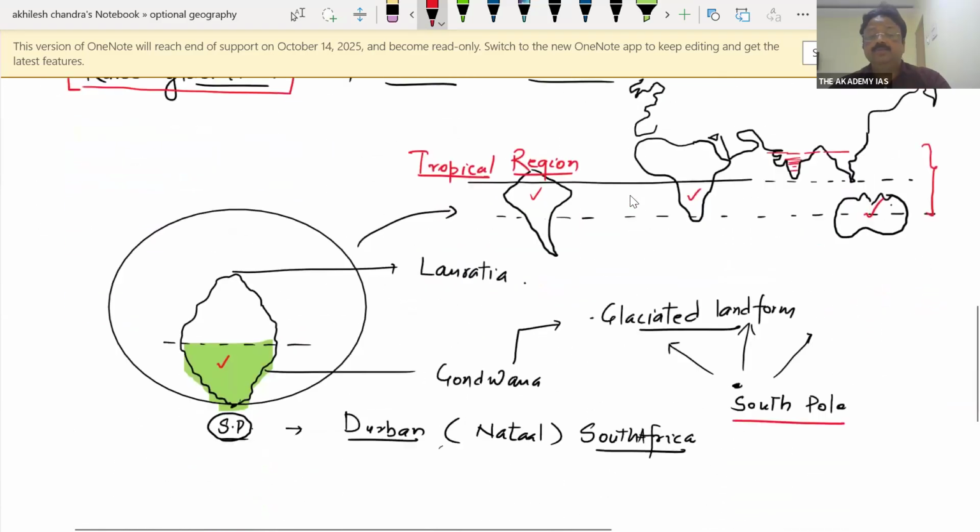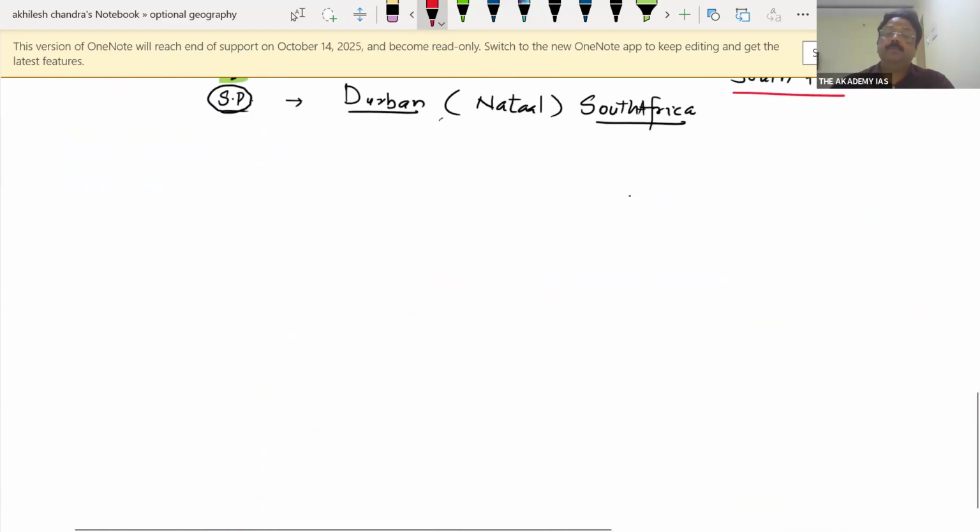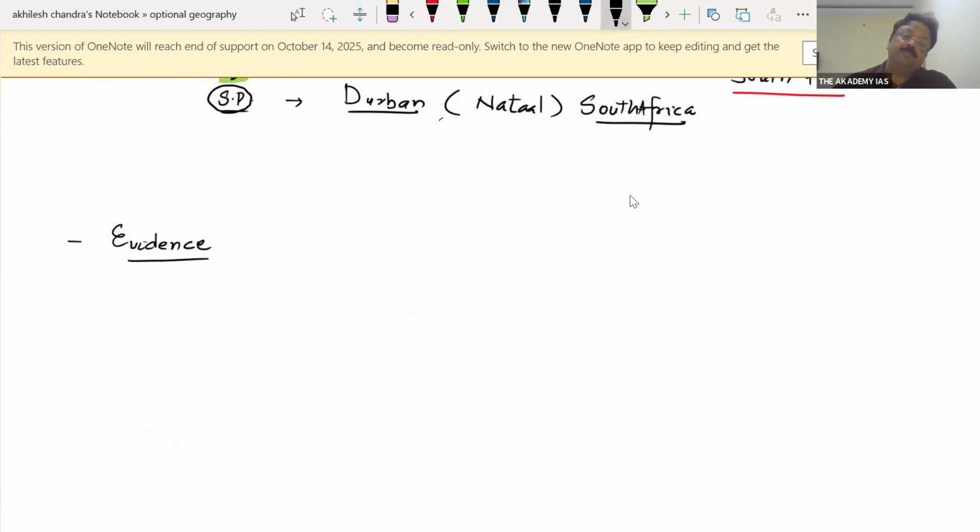Okay. Next one is evidence from magnetism. Evidence from magnetism.